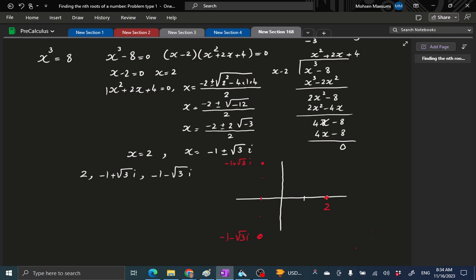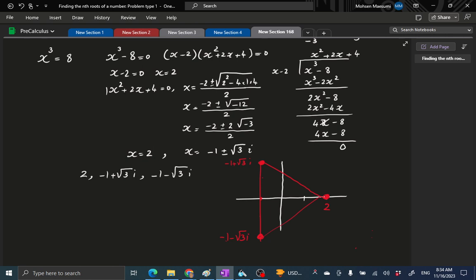Now look at these 3 points. What do they look like to you? If you said vertices of an equilateral triangle, you're right. The roots that we found are vertices of an equilateral triangle.